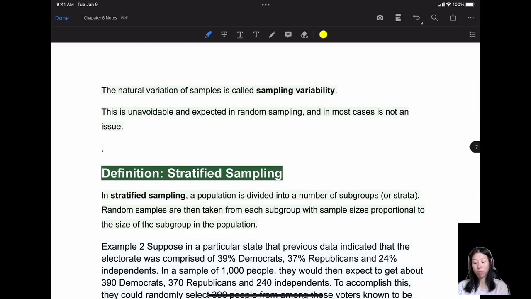A stratified sample is where a population is divided into a number of subgroups, or strata, and random samples are then taken from each subgroup, with the sample size proportional to the size of the subpopulation.